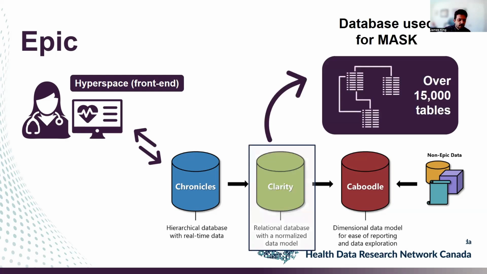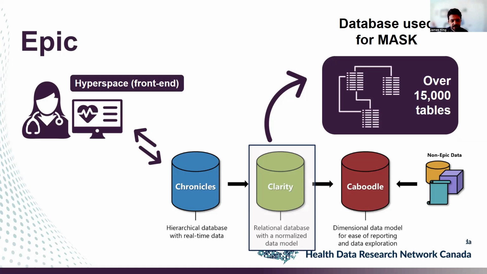So we actually are going to be using the Clarity database, which is, again, sort of that middle component, but it does have more structure to it than that Chronicles database, but it is quite spread out. There's over 15,000 unique tables alone in Clarity.